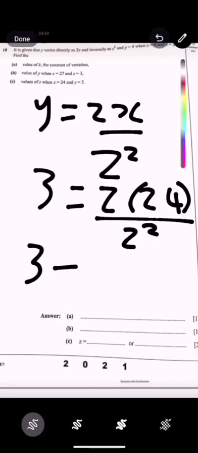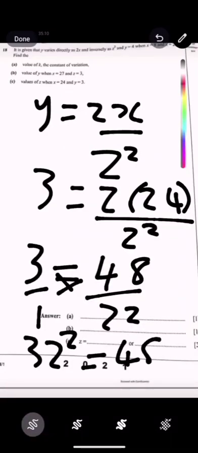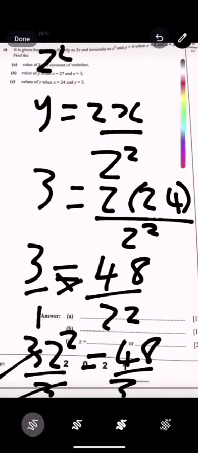So it's going to be 3 over 2 times 24, it's going to be 48, z squared. Then you can cross multiply. You're going to have 3z squared equals 48. You can divide both sides by 3. This and this will go. So you remain with z squared is equal to 48 divided by 3. It will give you 16.